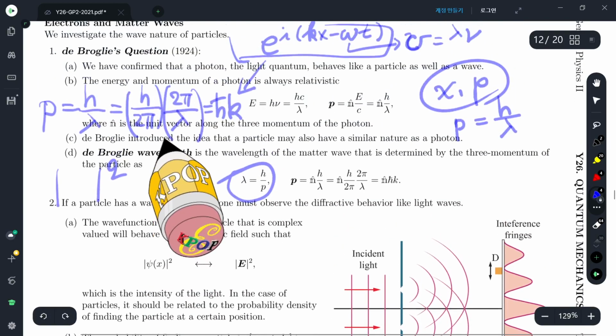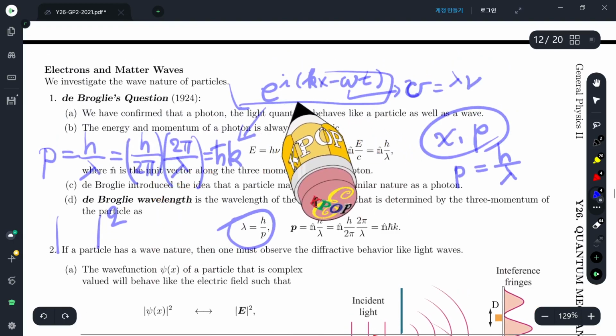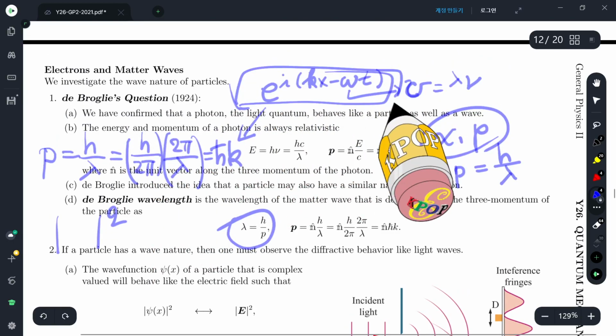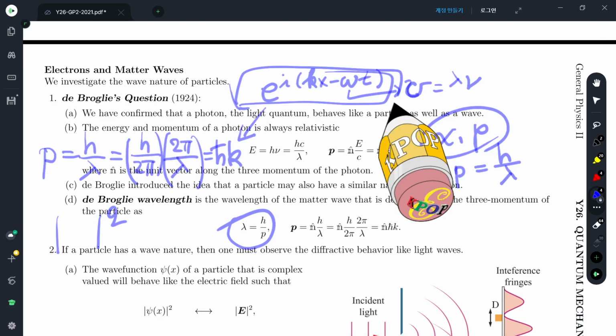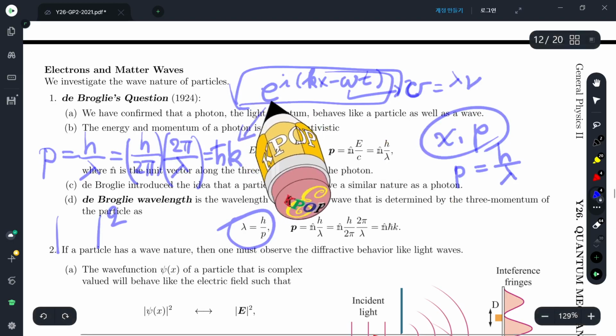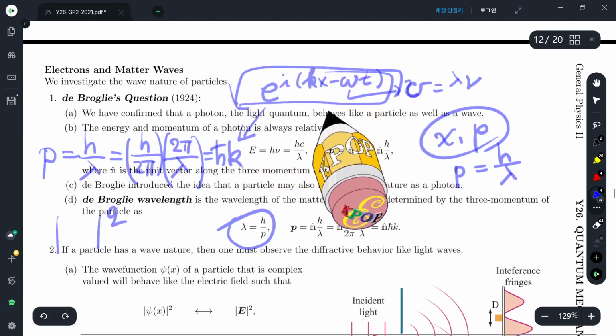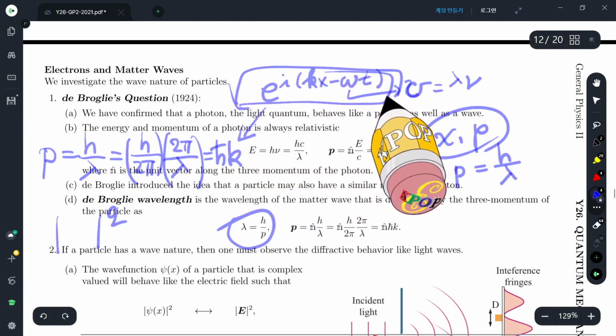So if we use, for example, this kind of monochromatic wave of a certain fixed wavelength, the momentum is completely fixed. However, the probability of finding this particle all over space is absolutely flat.